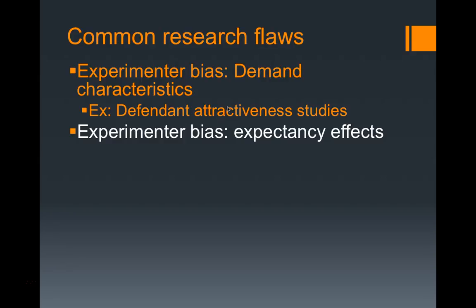Okay, so if experimenters know, for example, the hypothesis or how the theory is expecting people to behave in this particular condition of the experiment, then their knowledge of what the hypothesis is, of what their expectations of the behavior in this condition are, may actually cause them to behave in ways that basically pull for that behavior to occur. And therefore, it's not due to the independent variable. It could be due to their responses, could be due to the experimenter's own behavior.